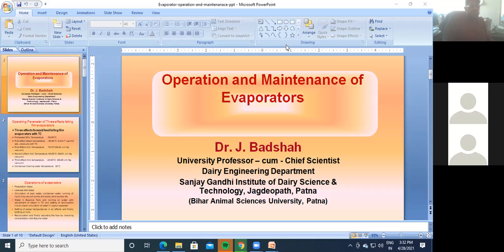We have generally used 3 effect falling film evaporators, and if it is 5 effect or 7 effect, it is more economical. Even after the number of effects, we utilize MVR or TVR for making it economical.